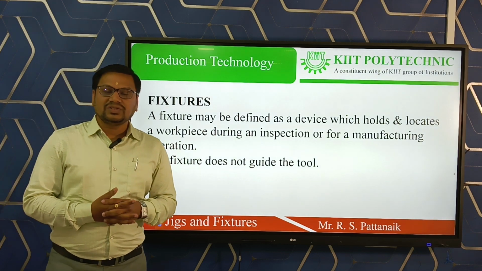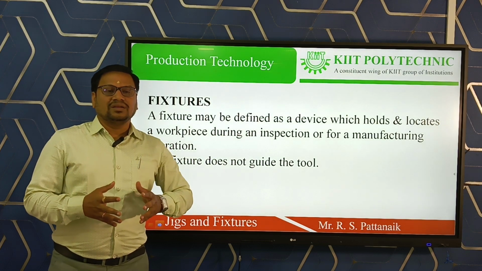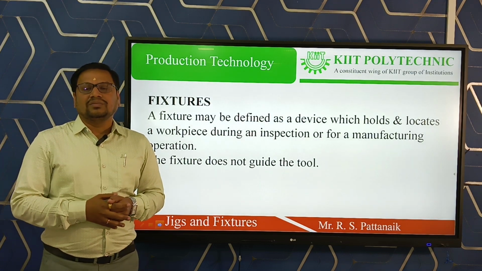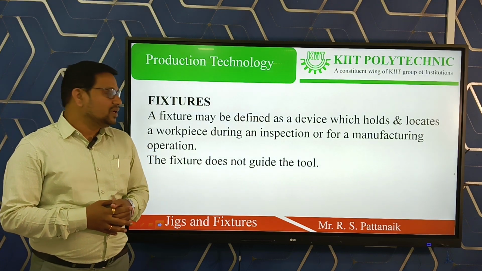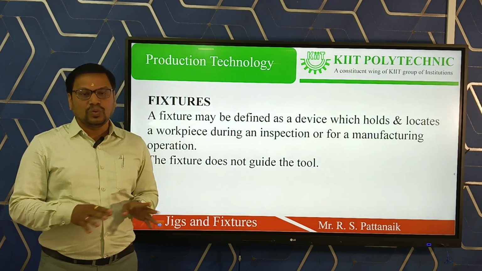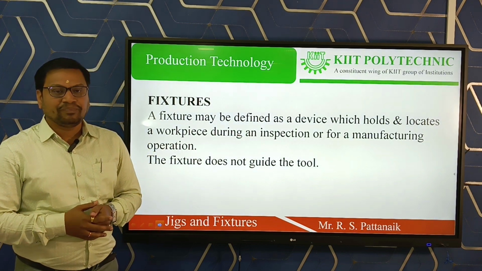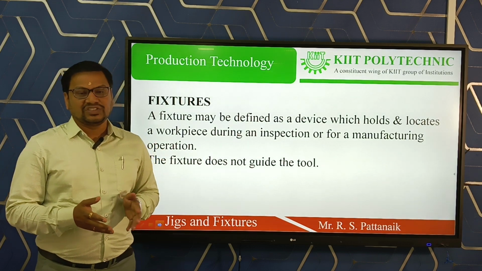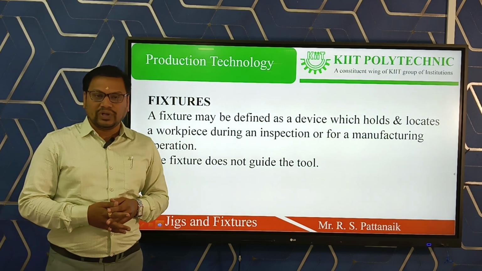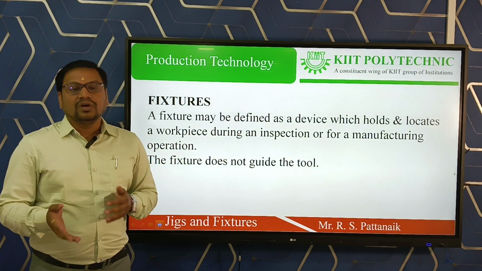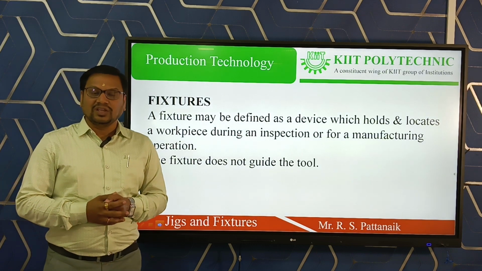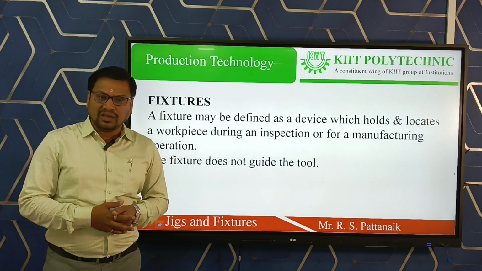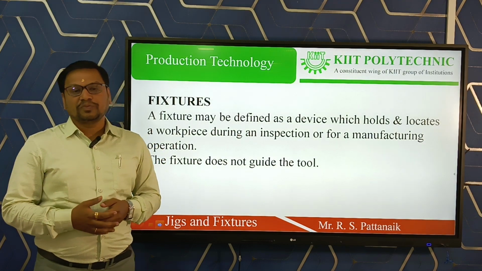In a fixture some rigid attachments are necessary for supporting the workpiece, but in a jig no attachments are necessary. Jigs are used for operations like drilling, boring, reaming, etc., whereas fixtures are used for operations like turning, milling, grinding, or some inspection operations.